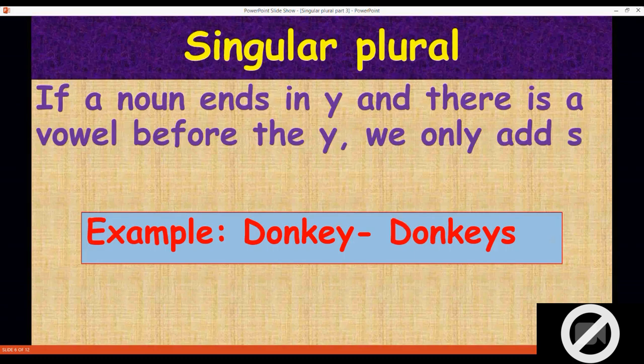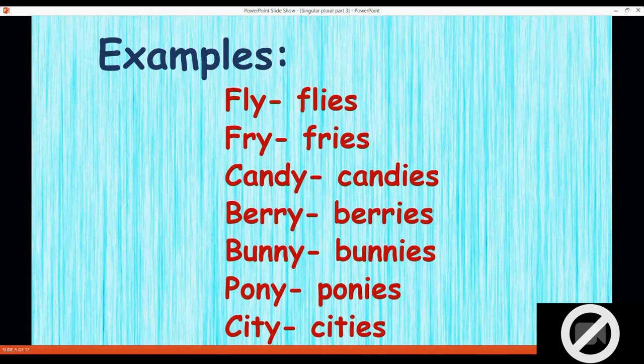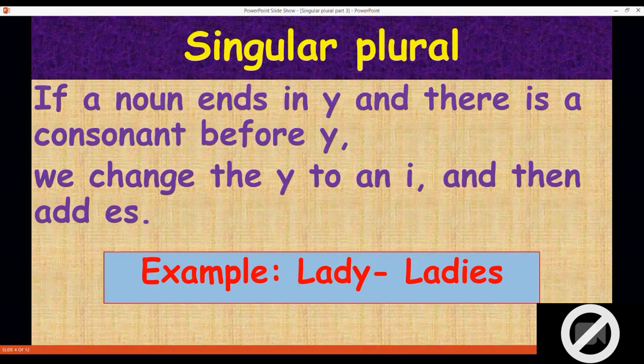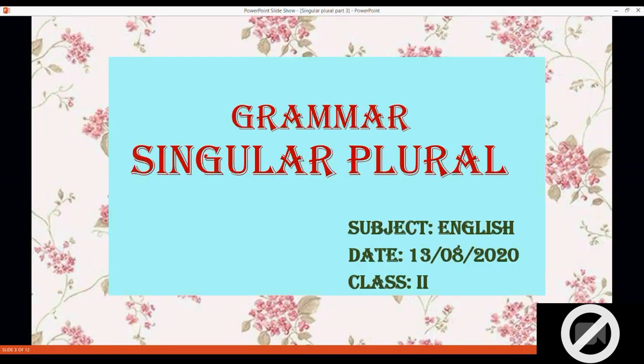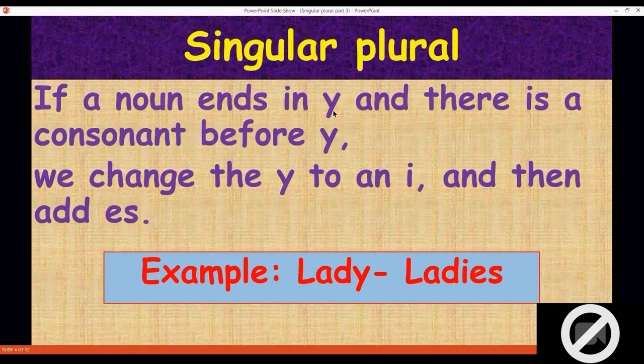And if there is a Y and there is a vowel before the Y, you just add S. If there is an O, mostly the word that ends with O becomes plural by adding S. But some words will change into a plural by adding ES for those words which end with O. Okay. That's all for today's class, children.